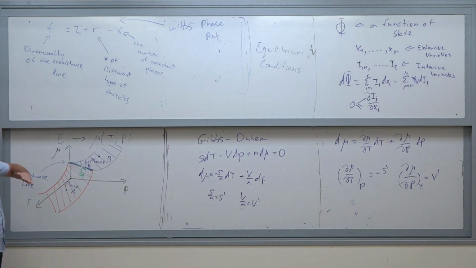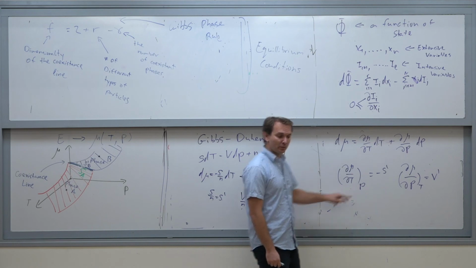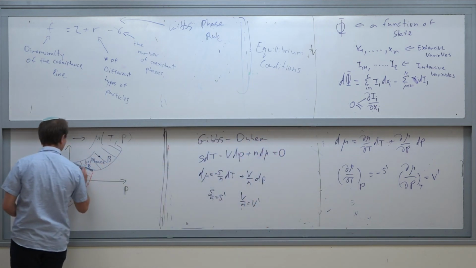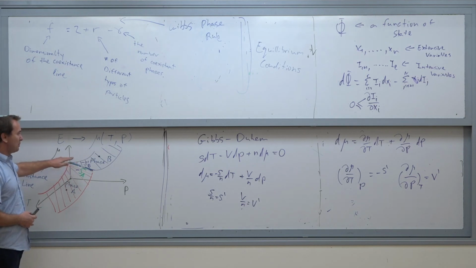If we're crossing this line while keeping p constant. Sorry, minus here and minus here. So we cross this line, we're keeping p constant, we are only changing t.